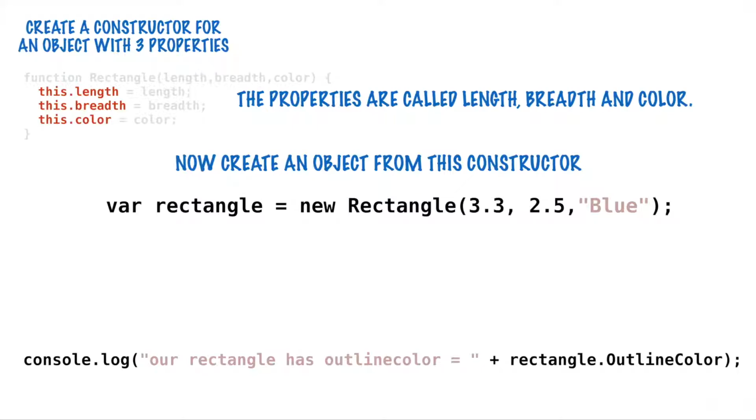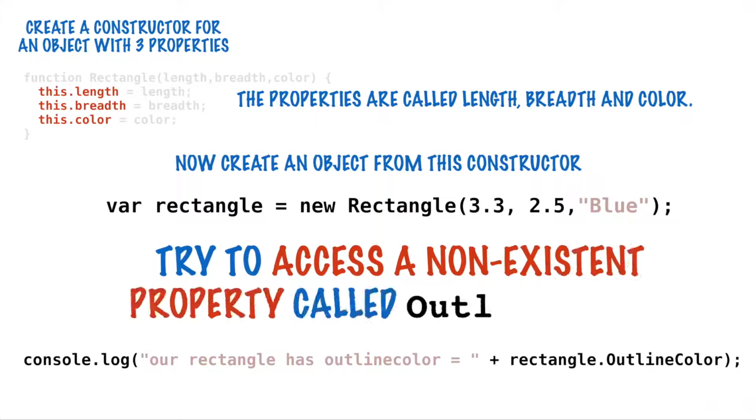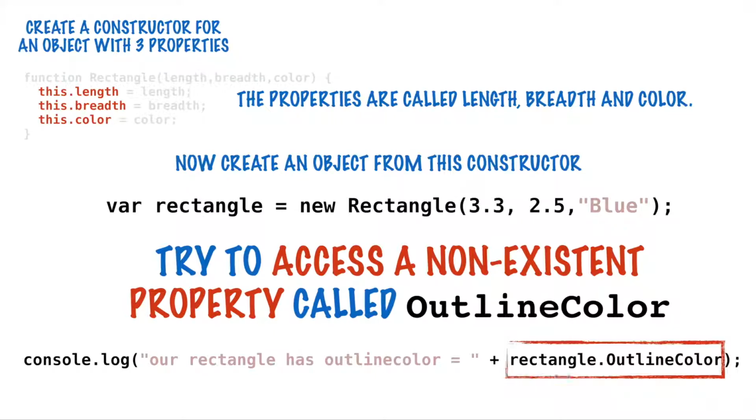What if we now write a JavaScript statement which accesses a non-existent property called outline color? This is a property we haven't defined in the object constructor. What if we try to access a non-existent property called outline color? Look at the part highlighted on screen, rectangle.outline color.